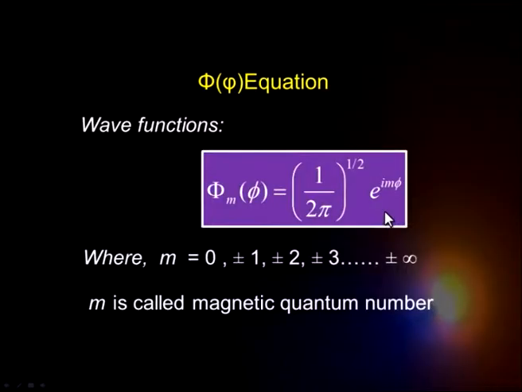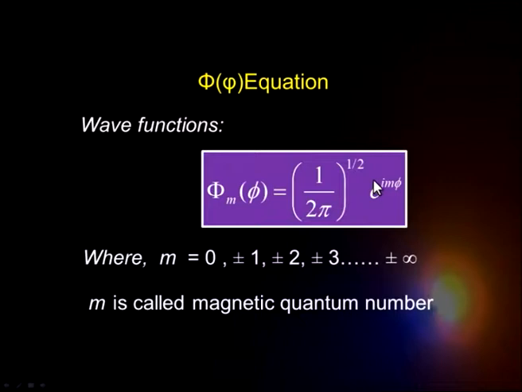How do we say that there are infinite number of solutions? Because we have a parameter called m, which is a quantum number. And this m has a value of 0, plus minus 1, plus minus 2, plus minus 3, up to plus minus infinity. If I put m equal to 0, I get one function. If I put m equal to plus 1 or minus 1, I get another one.